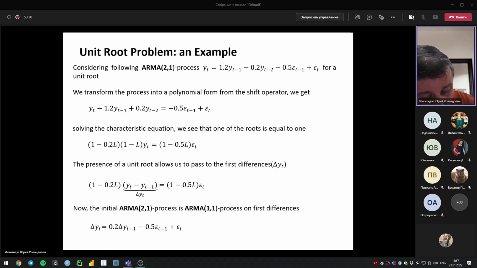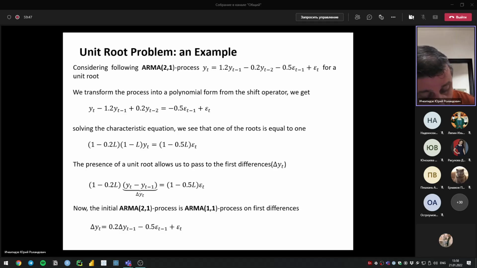Now when we reveal the first difference and leave delta yt itself on the left side and transfer delta yt minus 1 to the right side, it is multiplied by 0.2, and the sign changes on the right side during the transfer.